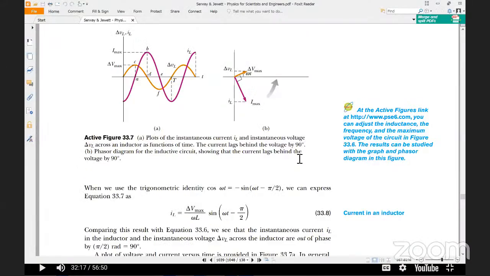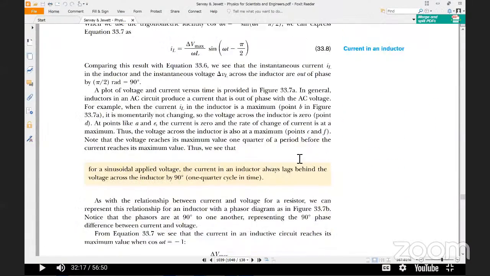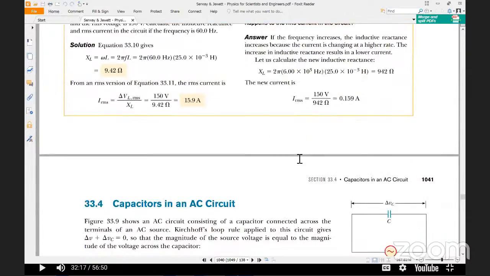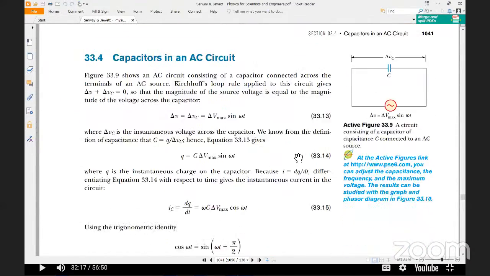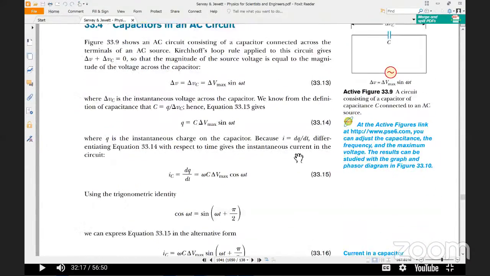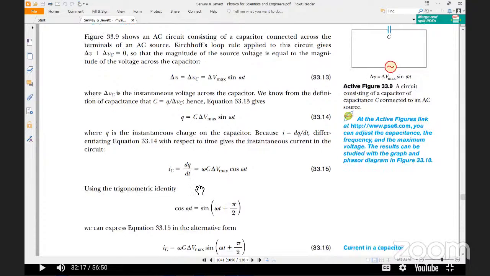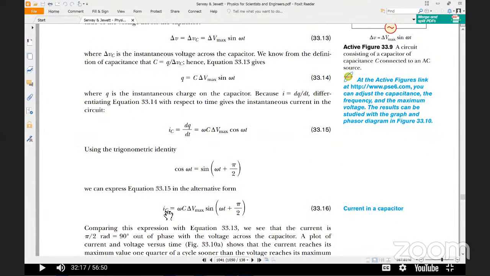Now you can see in the circuit, capacitor circuit, and please read the mathematical derivation to obtain this expression. Okay, learn it by yourself.